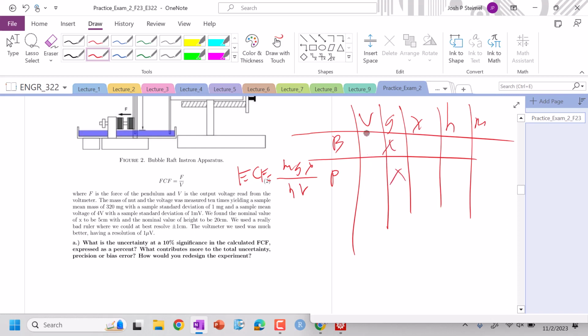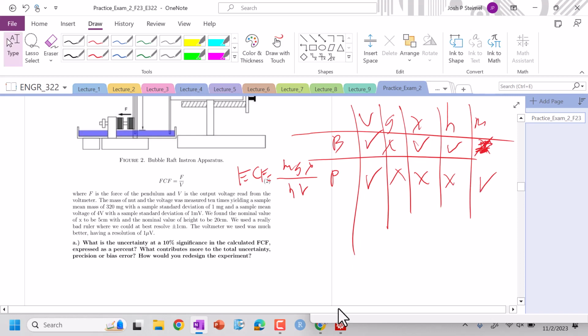Bias in the voltage, yes. Do we have precision in the voltage? Yes. What about precision in the mass? Yes, because we're told how many times. Height and x, no precision, but we do have bias. Do we have bias in the m? We don't have bias in the m. Do we have bias in the voltage? Yes, because we have an uncertainty there.